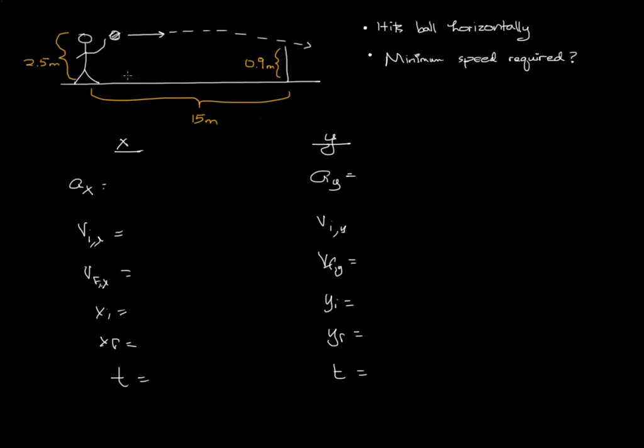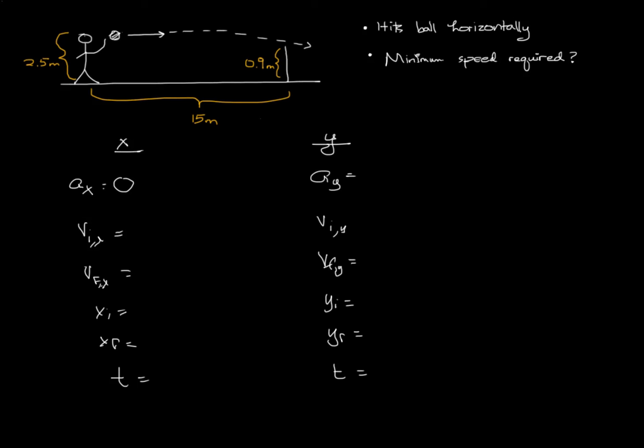So let's go one by one and see what we know. So what is the acceleration of this ball in the x direction? And again, unless there's some fuel coming out of this ball which is going to cause it to accelerate in the x direction, we pretty much can assume that it's 0 meters per second squared.